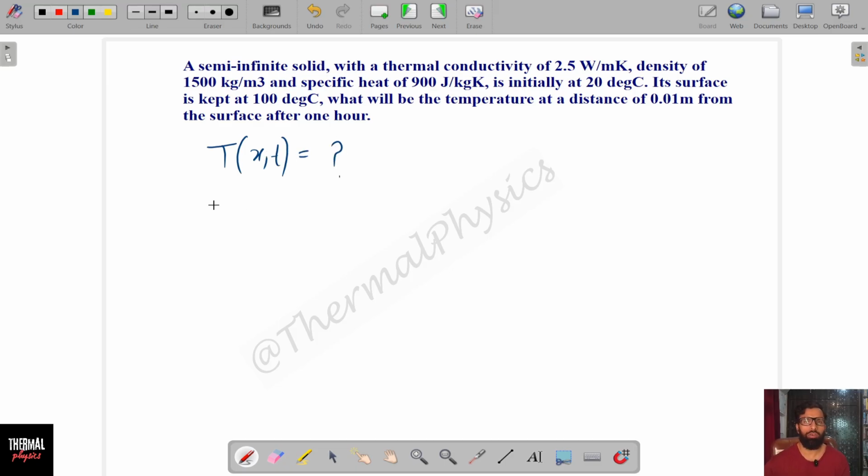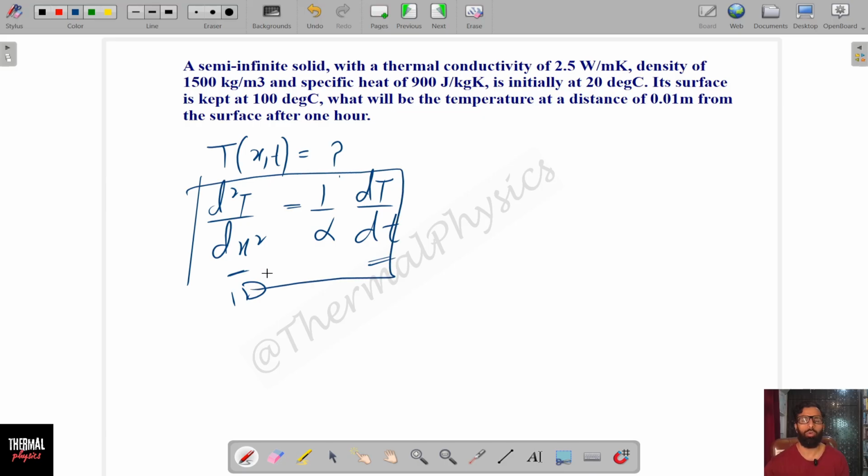So the differential equation for this is d²T/dx² equals 1/alpha dT/dt. So, one dimension, transient, this is our equation.